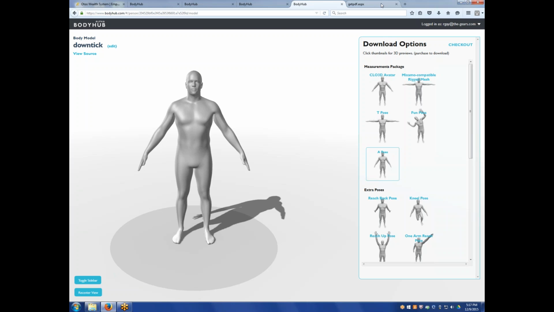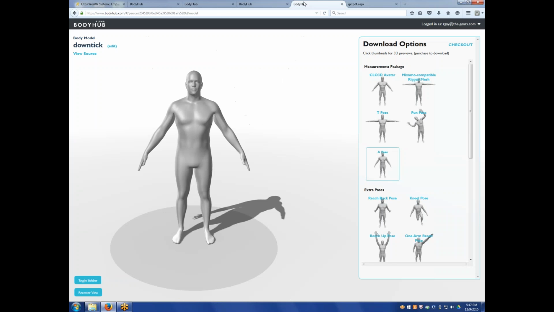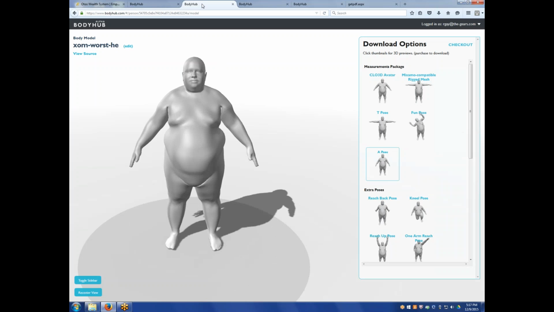Over the period from 2011, when the appearance first began to deteriorate, until early part of 2015, the appearance of ExxonMobil would have gone from here to here. Clearly, this guy is not likely to be a champion martial artist, or at least doesn't have the evident physical attributes of a champion martial artist.